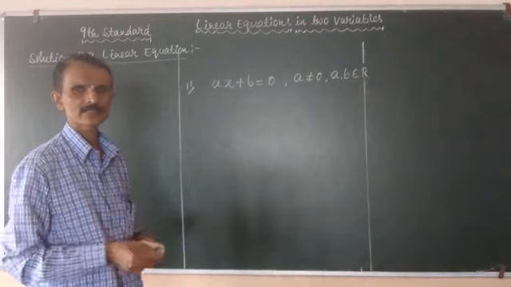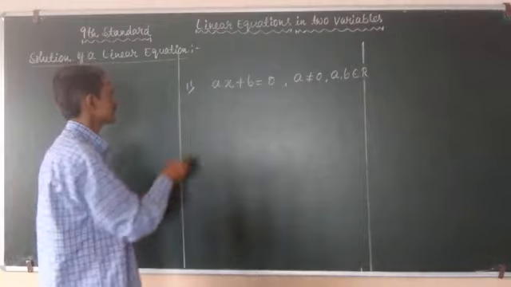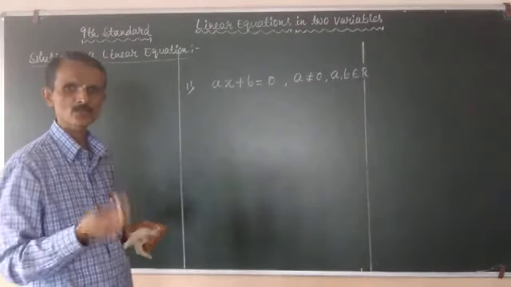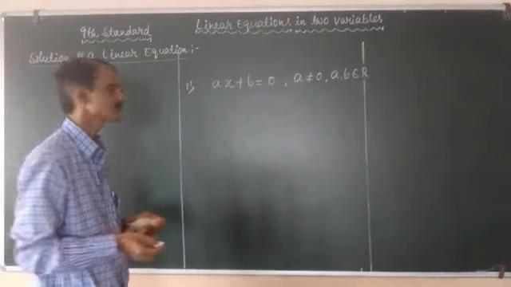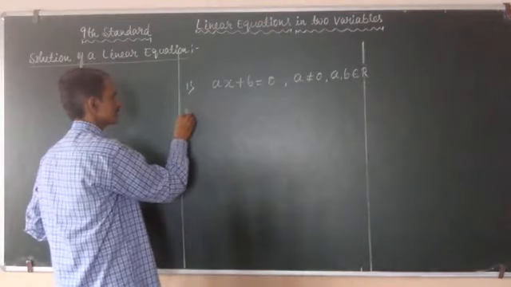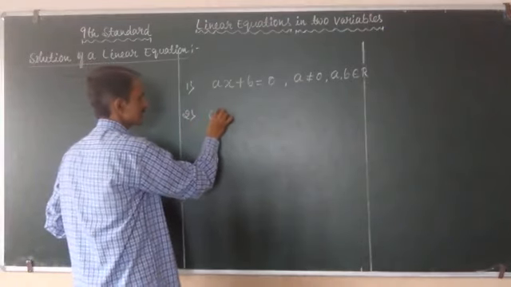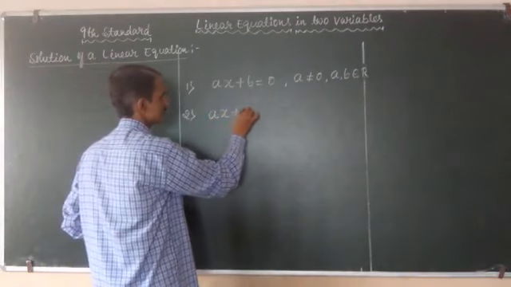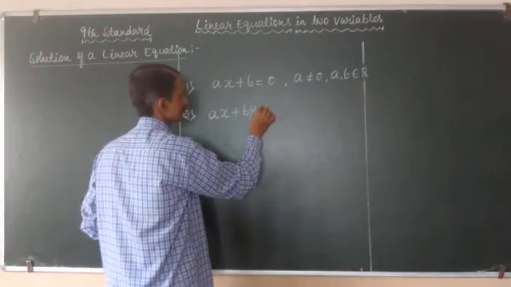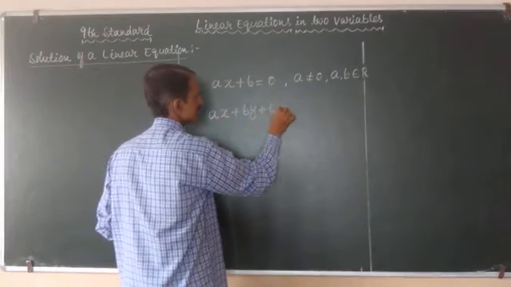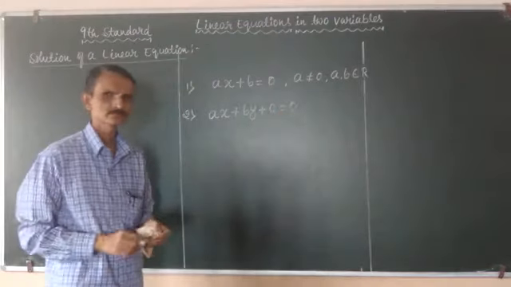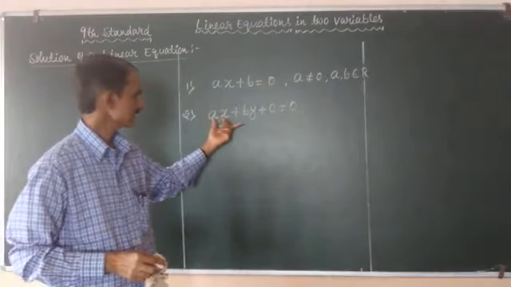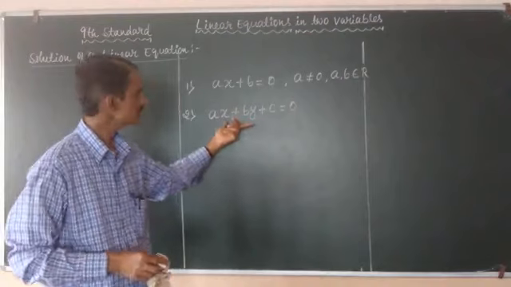So can you tell me the standard form of linear equations in two variables? Yes, good. It is ax plus by plus c equals 0.